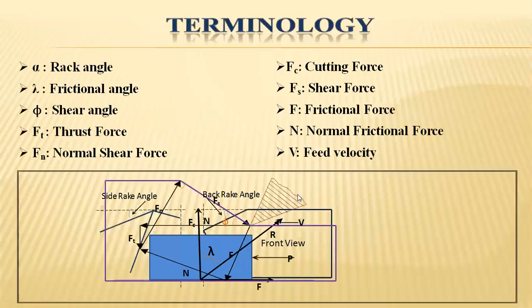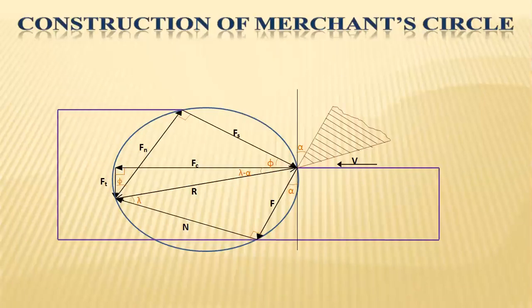Alpha clearly represents the rake angle, and the normal force acts perpendicular to the applied force, exactly 90 degrees, over the movement of the work part.